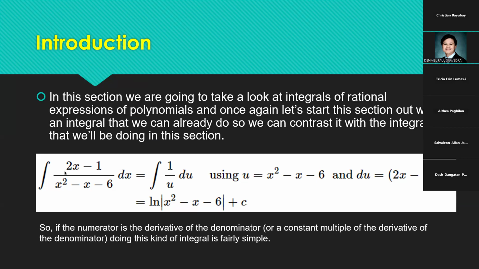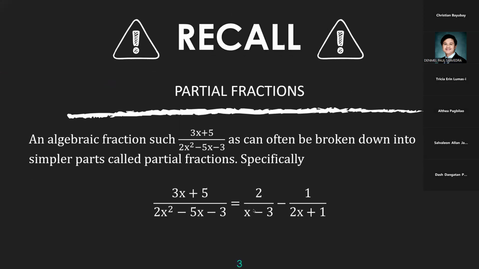So x minus 1 over x squared minus x minus 6 is an example of a proper fraction, correct? Yes, sir. Now, notice that what happened here is not actually a partial fraction.